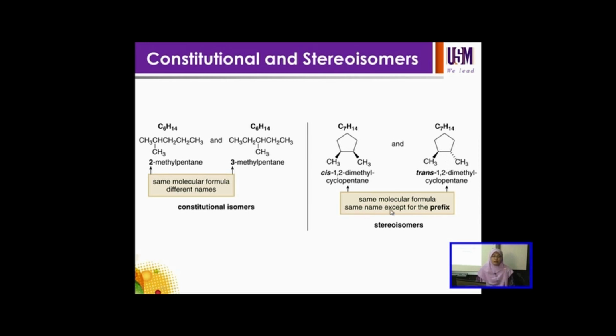So we have the same molecular formula, same name except for the prefix, and also a difference in terms of where the substituent is located. For cis it is in the same direction and trans is in the opposite direction.